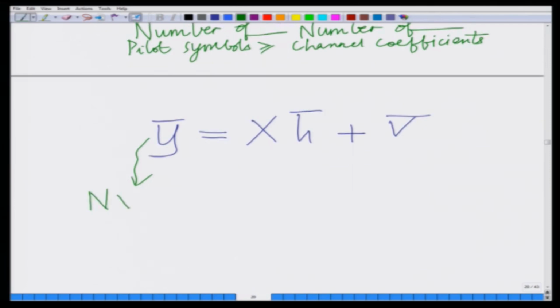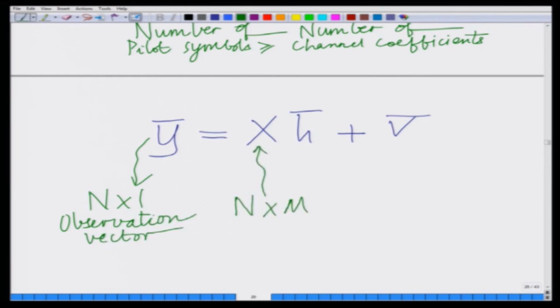This y bar is the n cross 1 observation vector, or received symbol vector. This is x, which is the n cross m pilot matrix corresponding to m pilot symbol vectors transmitted over n time instants.